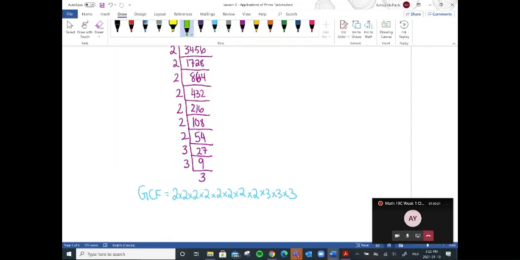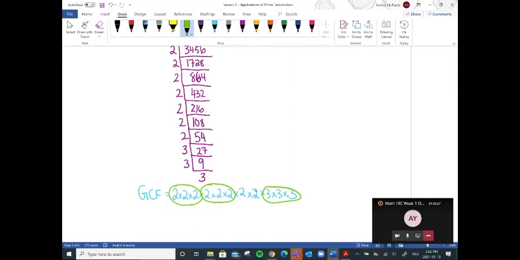Okay, so you just have to remember we're talking about a perfect cube, so don't forget that you're looking for groups of 3, not pairs. That's only if it's a perfect square. So for a perfect cube, I've got 1 group of 3 2s, 2 groups of 3 2s, and then only 2 2s, so I can't make another group, and I have a group of 3 3s.